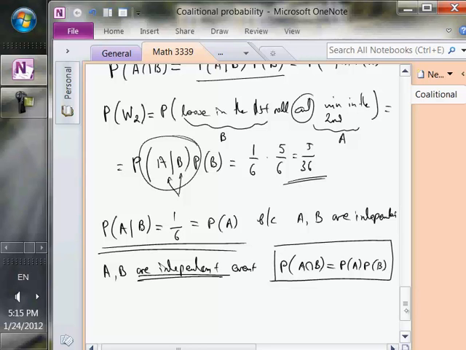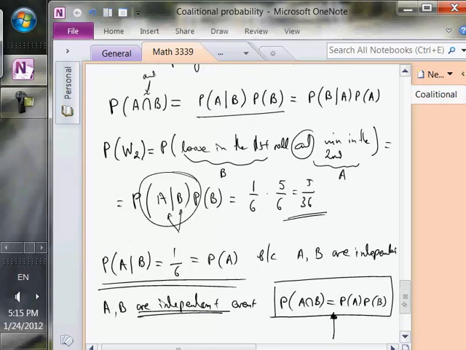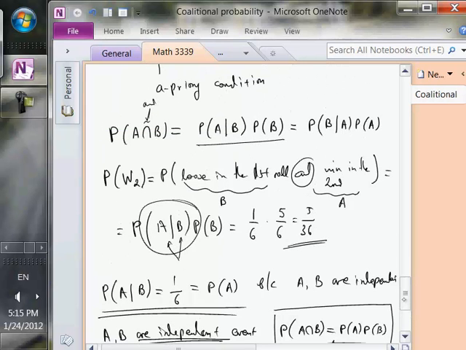Okay, now be careful, because this is a typical error. You can use it if you can argue that the events A and B are independent. But if you cannot argue persuasively that the events A and B are independent, then you can't use it, and you have to go with this one here, which is always correct.